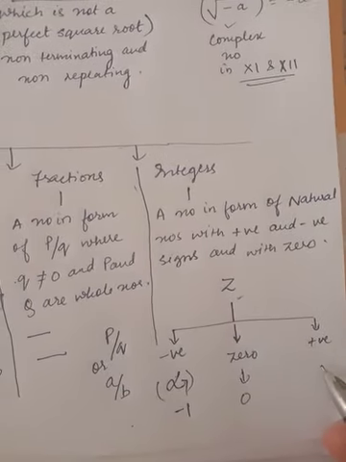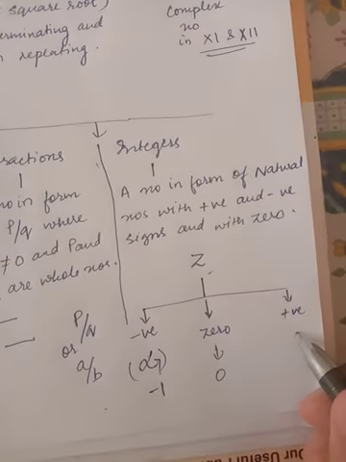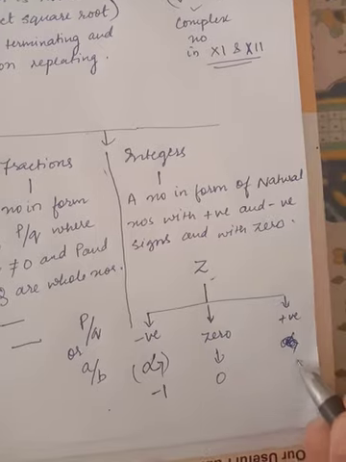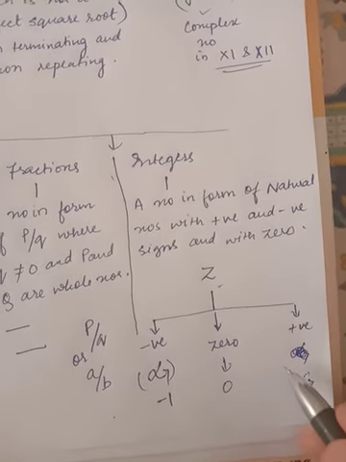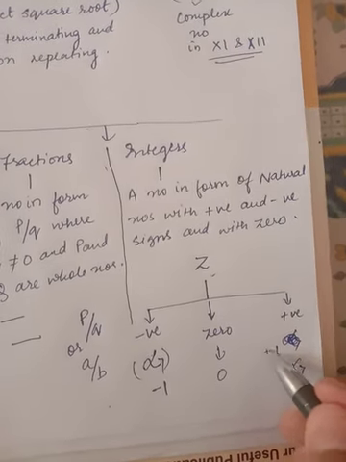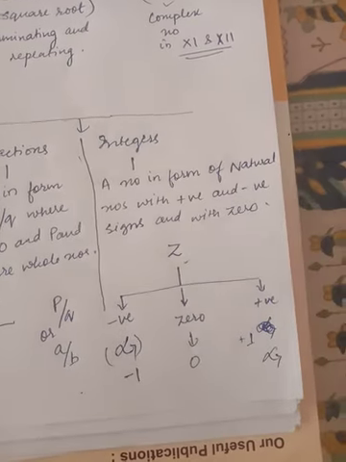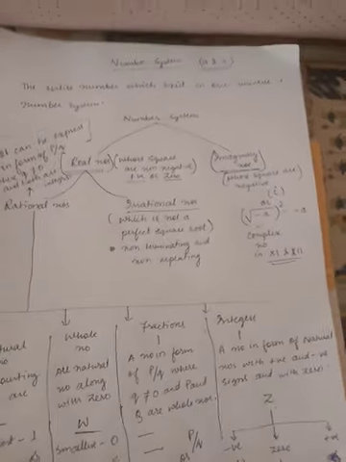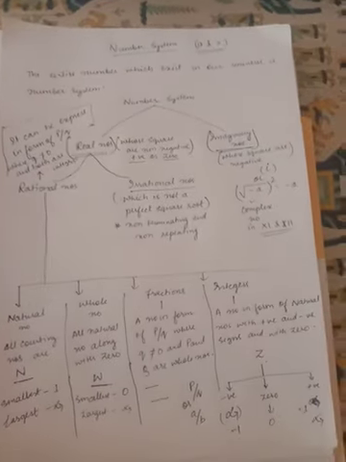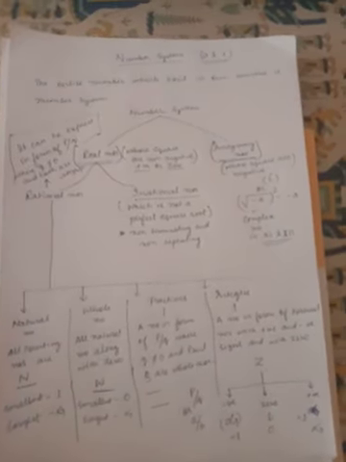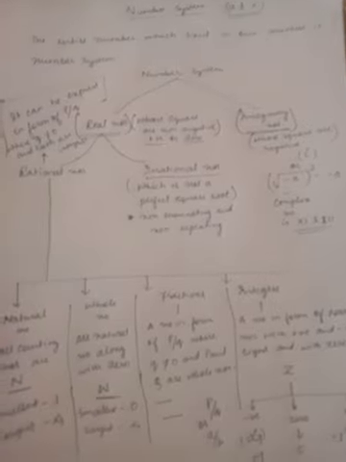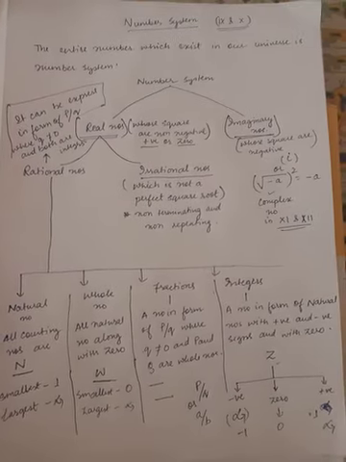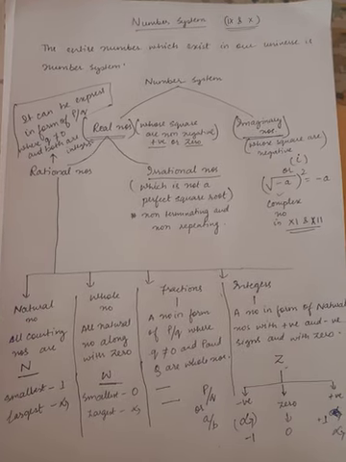In case of positive, the largest is infinity and the smallest is 1. So keep it in mind. This was the basic concept of the number system chapter which you have to study for the class 9th and 10th examinations.